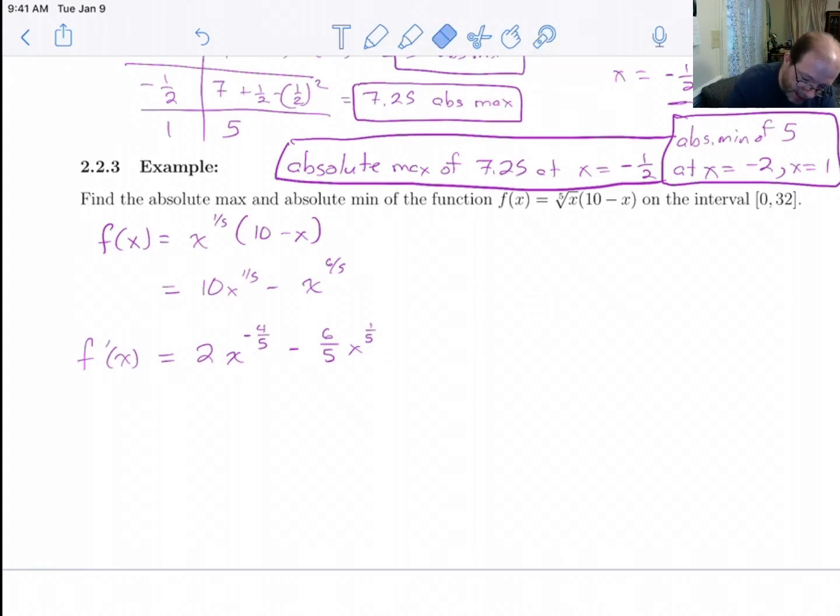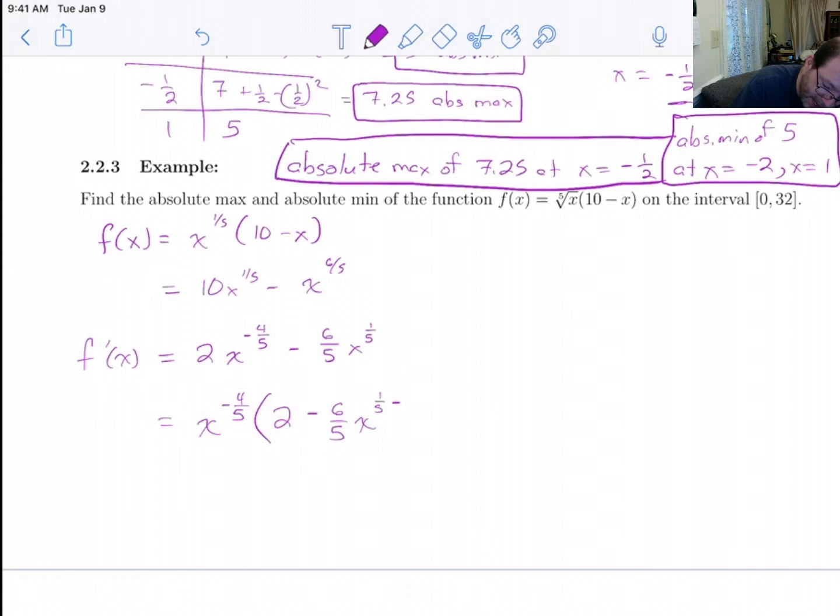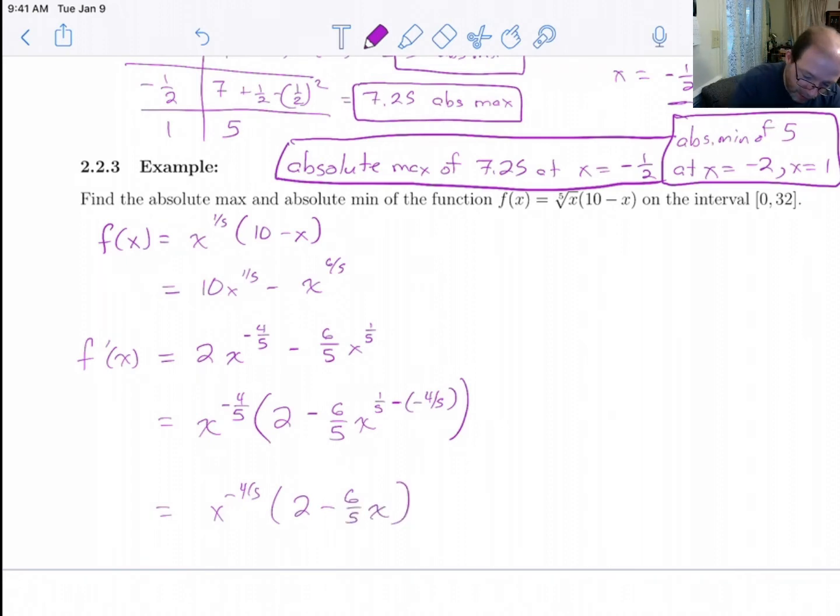So we'll factor that out. So we're left with a 2 here. Over here, we're left with 6/5, then x to the 1/5 minus -4/5. So I've got x to the -4/5 times 2 minus 6/5 x, because we add those together: 1/5 plus 4/5 gives you 5/5.